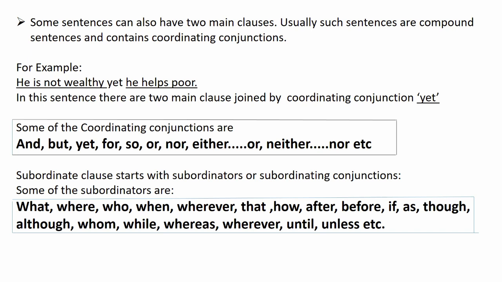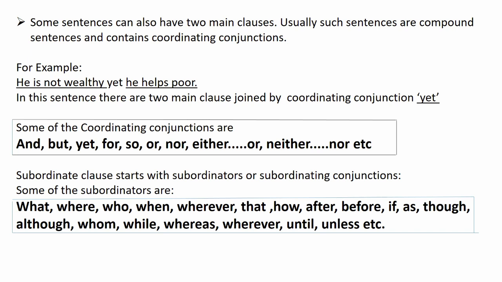So he is not wealthy is a main clause and he helps the poor is also a main clause. Coordinating conjunctions are the words that join two different sentences. Some of the coordinating conjunctions are and, but, yet, for, so, or, nor, either...or, neither...nor, etc.